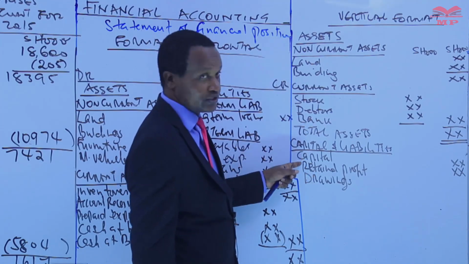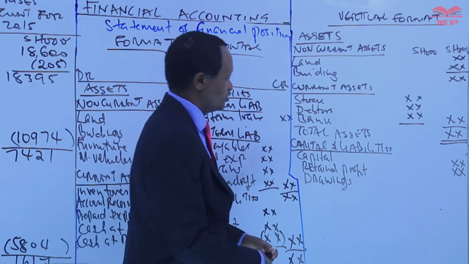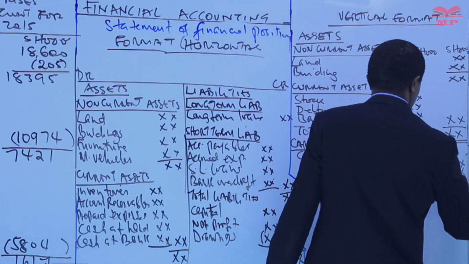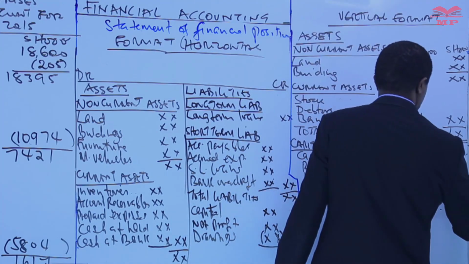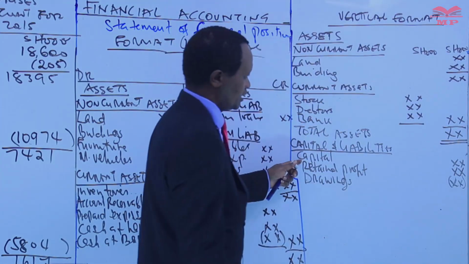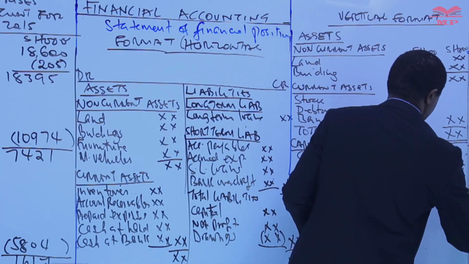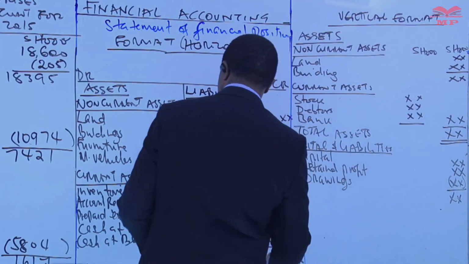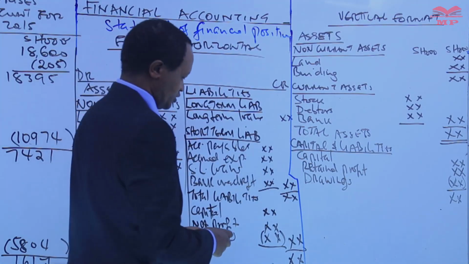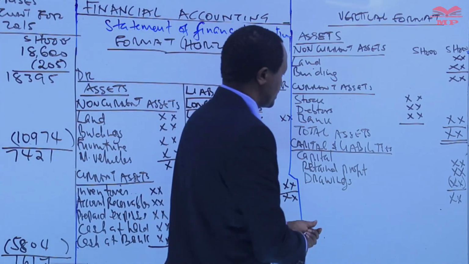It reduces the capital. That's why, here, we deduct drawings from the capital. So we have total capital there.